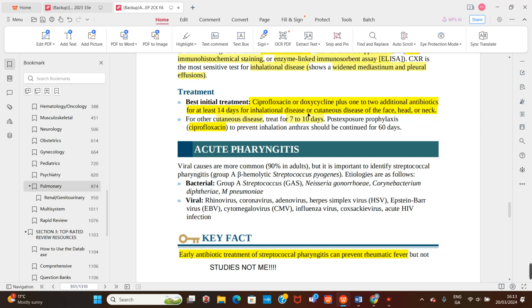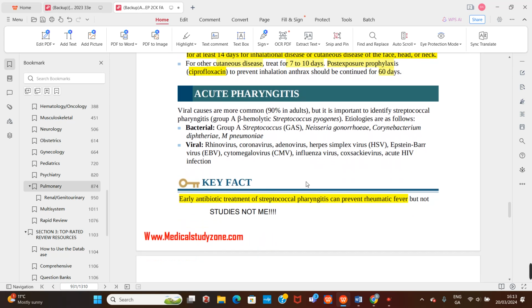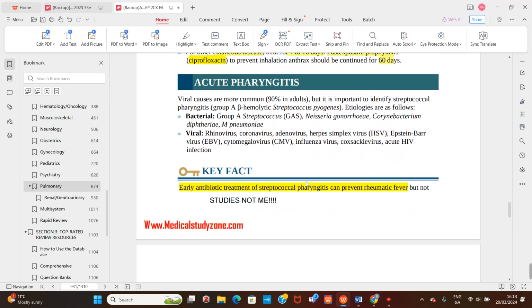And if you get the history that somebody was exposed to animals that have that bacterial spore, you might want to give them PEP against that infection. That is just ciprofloxacin only for 60 days. So everything revolves around DC: doxy or cipro for the treatment, cipro for the prophylaxis.